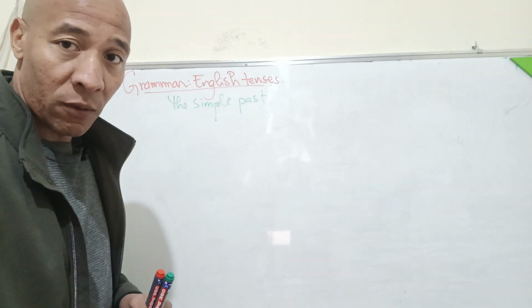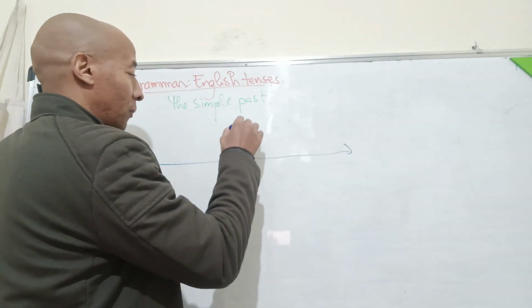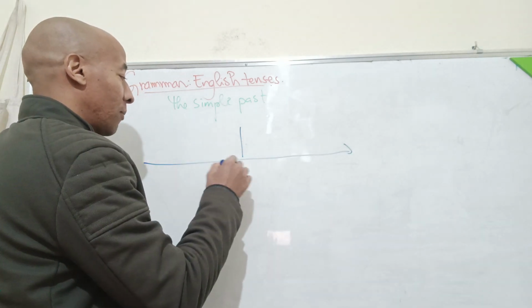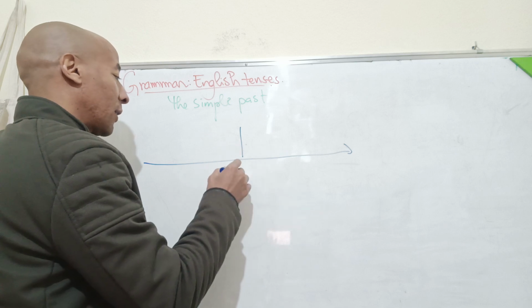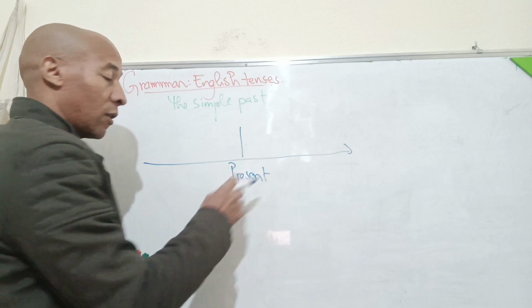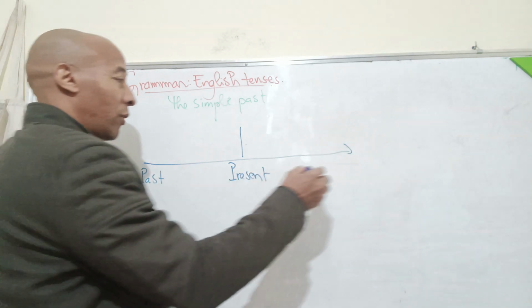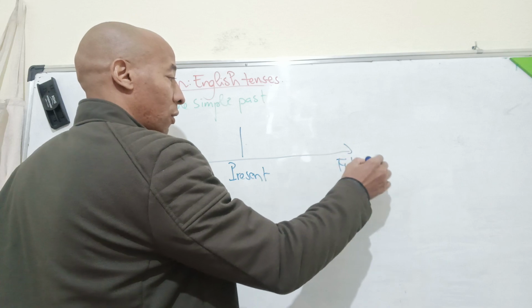Let's first of all visualize the tense using the time diagram, the timeline. So here we have the present, and here we have past, and here we have future.